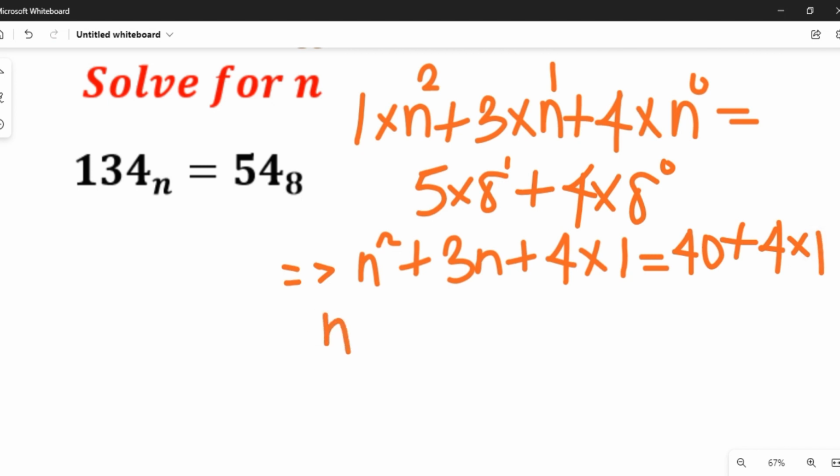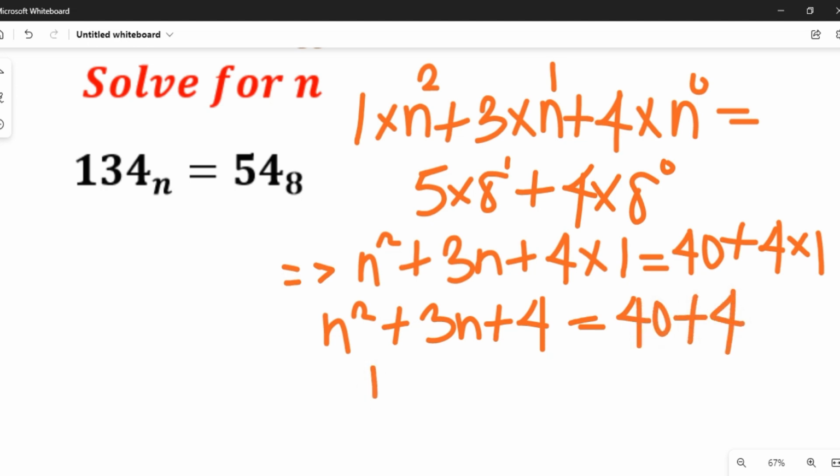So we'll have n squared plus 3n plus 4 equal to 40 plus 4. So this will give us n squared plus 3n plus 4 equal to 44.